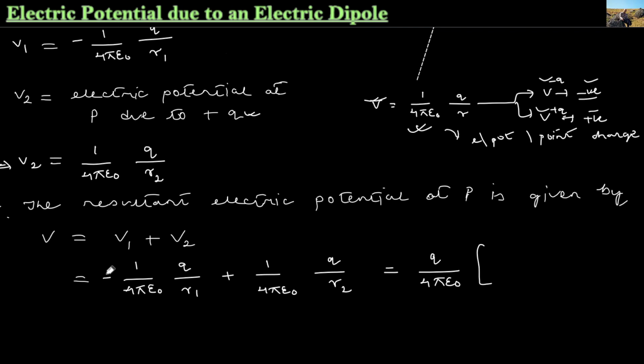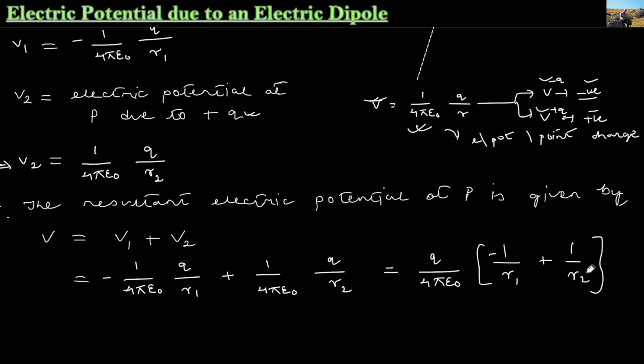Over here you have minus 1 divided by r square, and we have minus 1 divided by r1 plus 1 divided by r2.